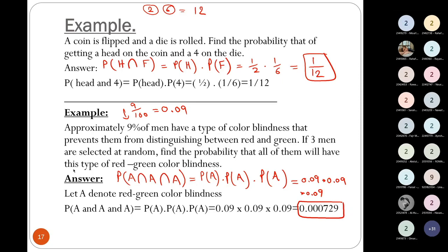So if we select 3 men in some population and all of them are color blind, the probability is this number, 0.000729.